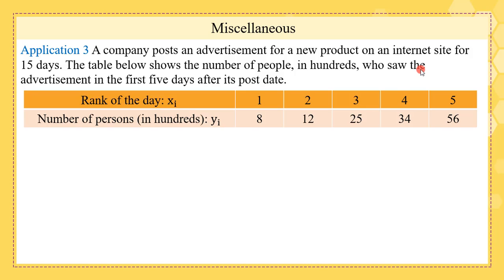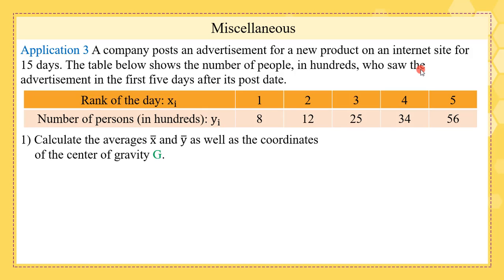So the first day we have 800 persons, in the second day we have 1,200 persons, in the third day we have 2,500, and so on. In the first question, we have to find the averages x bar and y bar as well as the coordinates of the center of gravity G.